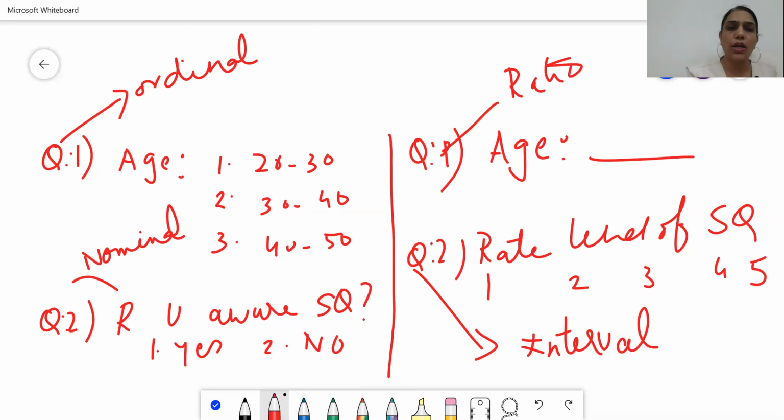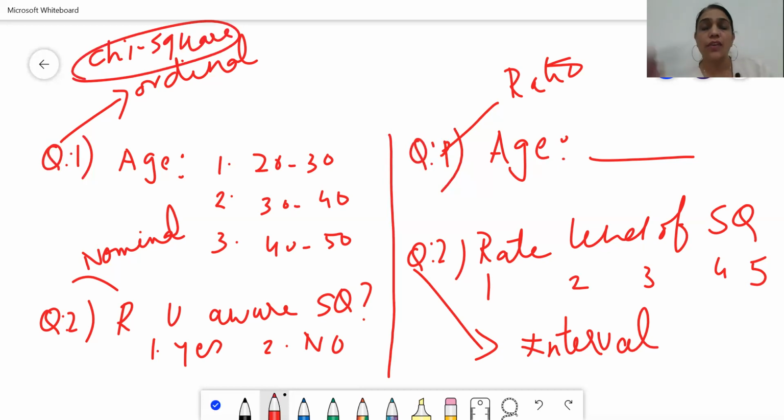So now if your questions are ordinal and nominal, you will be able to do chi-square. In the first set of questions, you will be able to do chi-square. If you have a second set of questions like this, then you will be able to do correlation. Clear?